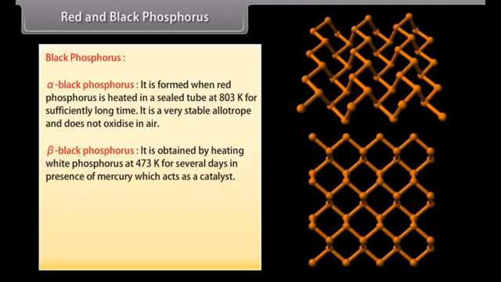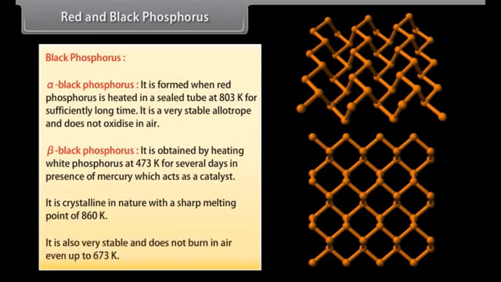It is obtained by heating white phosphorus at 473 Kelvin for several days in presence of mercury, which acts as a catalyst. It is crystalline in nature with a sharp melting point of 860 Kelvin. It is also very stable and does not burn in air even up to 673 Kelvin.